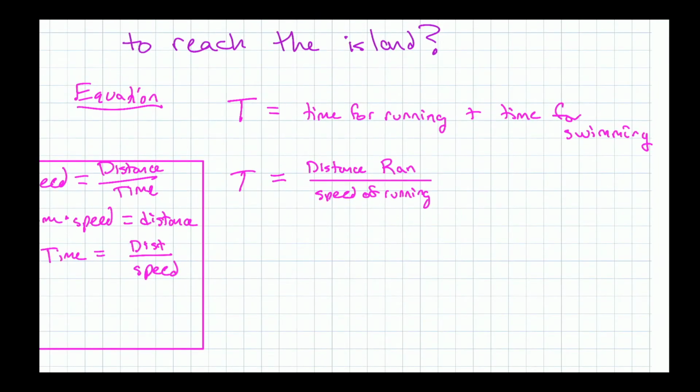Distance over speed. Now, same thing for swimming. The time for swimming is going to be the distance that you swim. Swum? No idea. That's why I am a math major. Distance swam over speed of swimming.